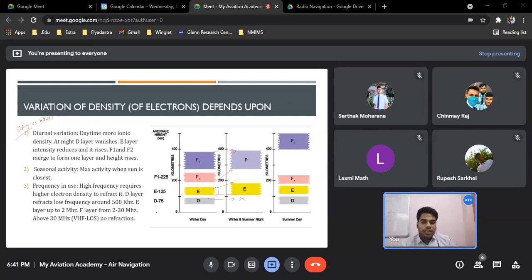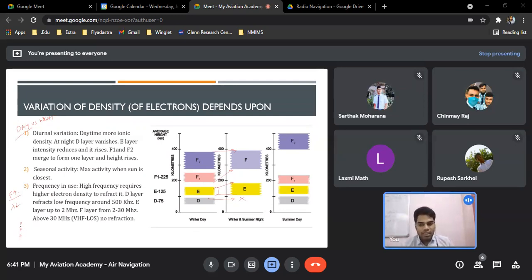Frequency and use. High frequency requires higher electron density to refract it. You should understand what I'm talking about here. If the frequency is high, it requires higher electron density to refract it. When the frequency is high, my lambda is less. When the lambda is less, if I had space between my air particles, my radio wave would pass through and it will not refract.